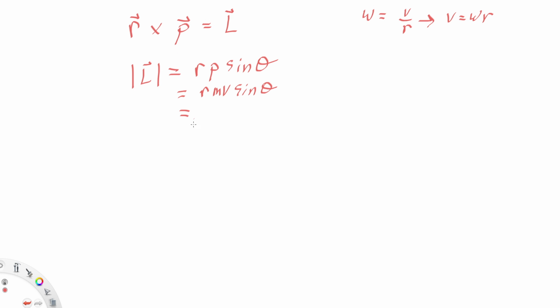So we can write this as m omega r squared. Everyone with me so far?